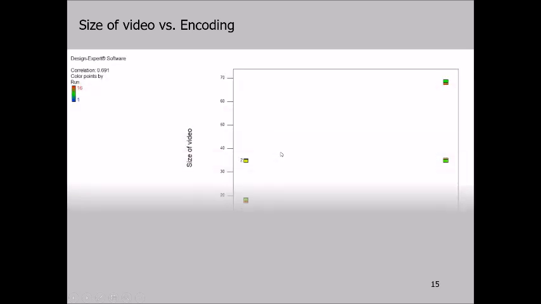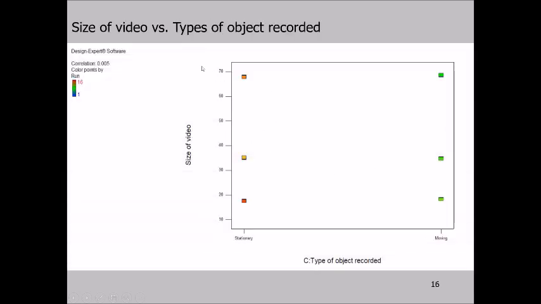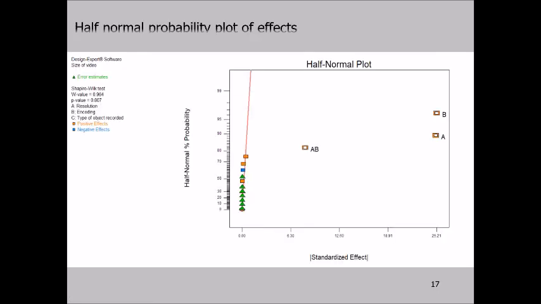Similarly, for response versus another factor, encoding, you can see a significant variation. For the third factor, type of object recorded, it is almost the same, so we can say without using the ANOVA table that this may not be a significant factor. We will see the ANOVA table and decide whether this factor is significant or not.